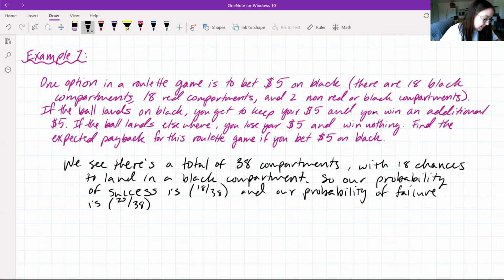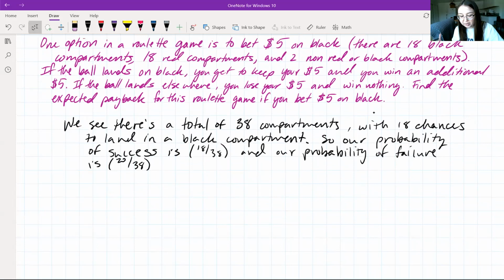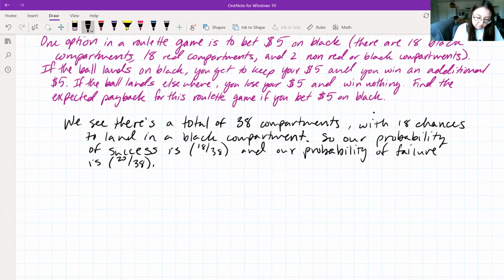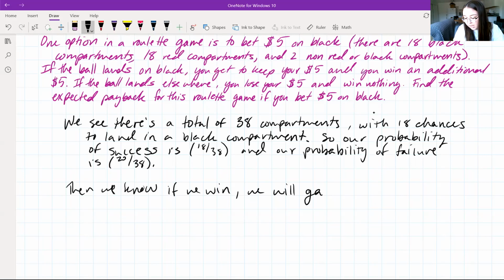So then we have our probability of success and our probability of failure. We know if we win, we will gain $5.